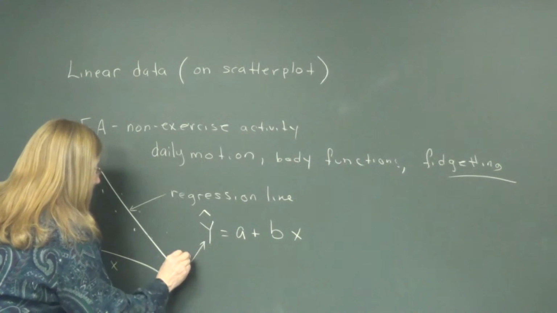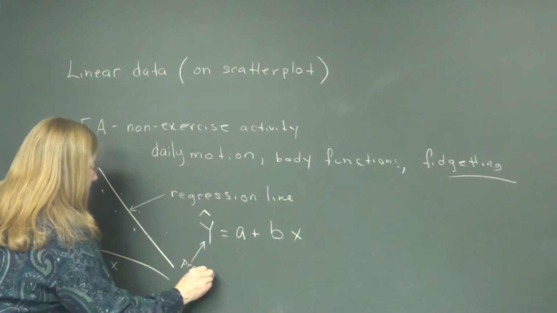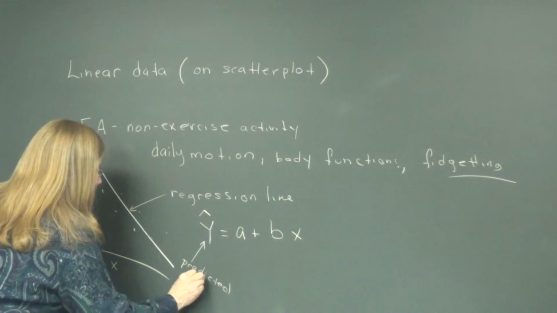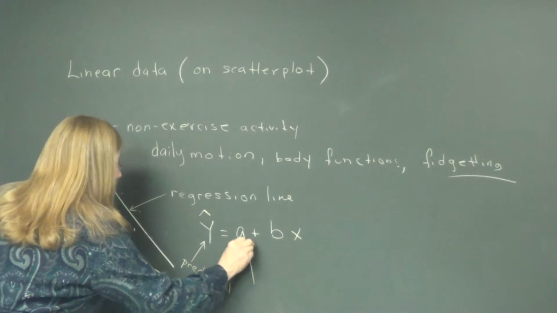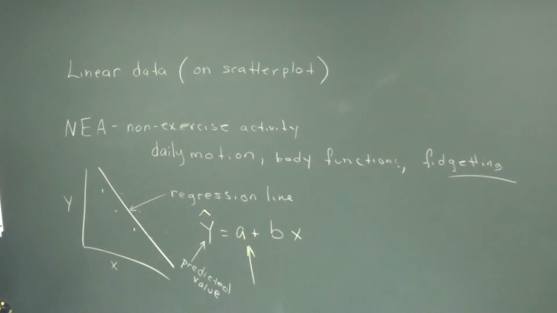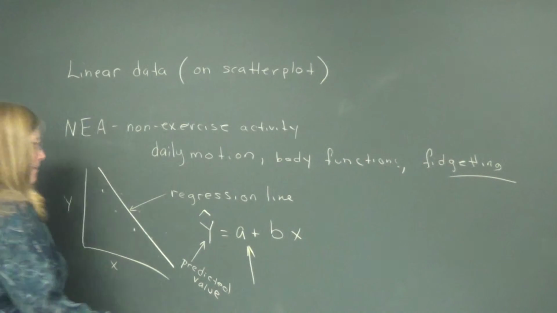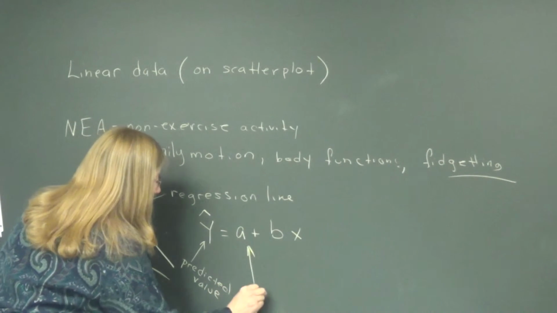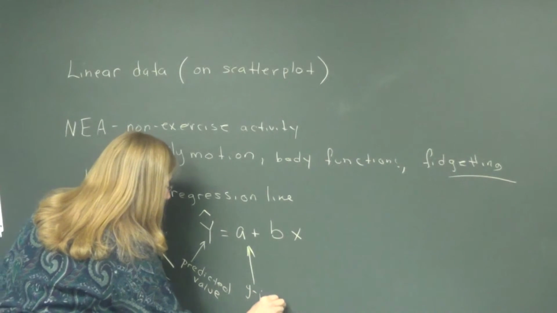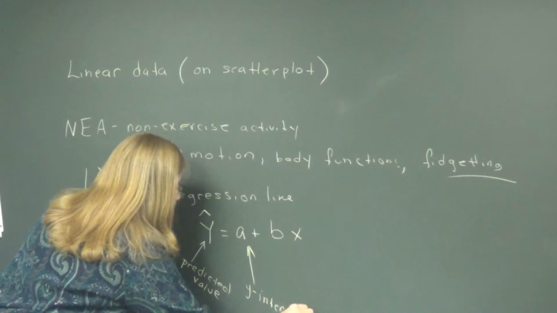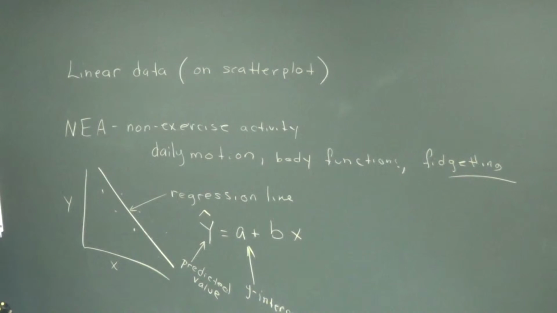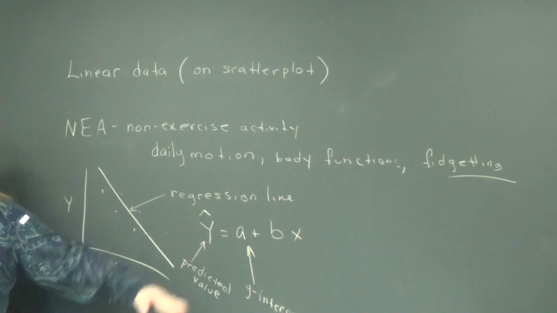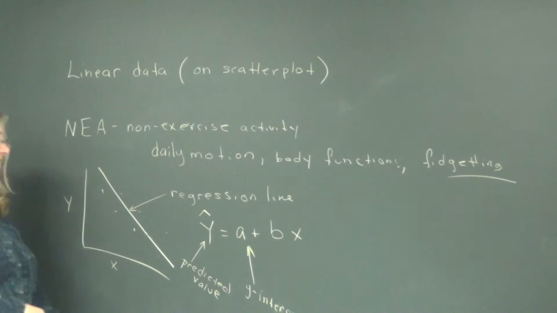This is called the predicted value. The predicted value is Y hat. I'm sorry, this is going to upset my mathematical soul. A is the Y-intercept. Why does that upset me? It's supposed to be B. We're used to y equals mx plus b, but the statisticians, and your calculator maker, have changed the Y-intercept to A. Thanks a lot.